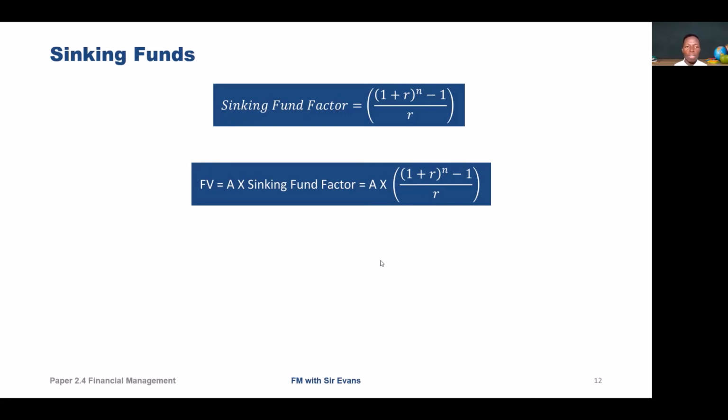If it's a future value annuity, then we use the sinking fund approach. If it is a present value annuity, then we use the discounting annuity factor. And where the question does not involve a constant annual cash flow, that is, an annuity, then you go by your simple FV or your simple PV formula.